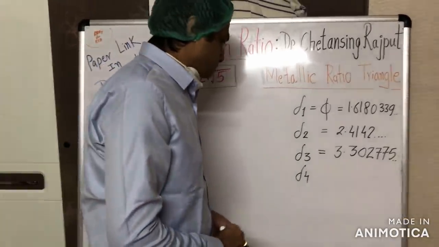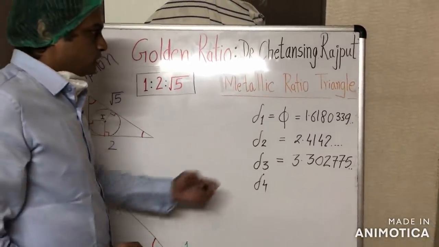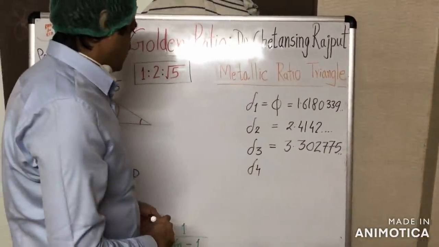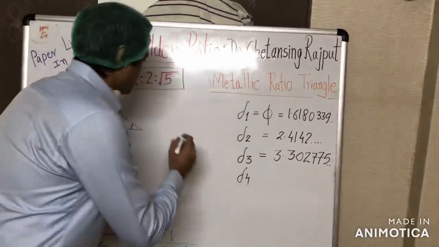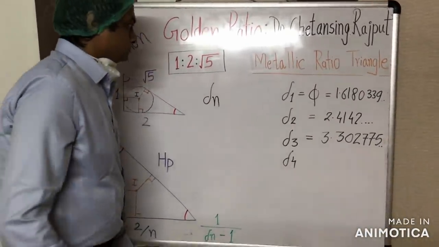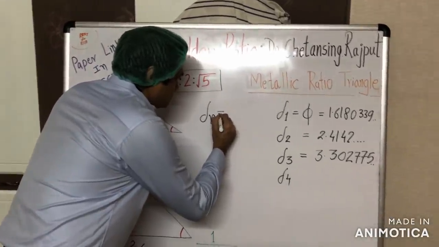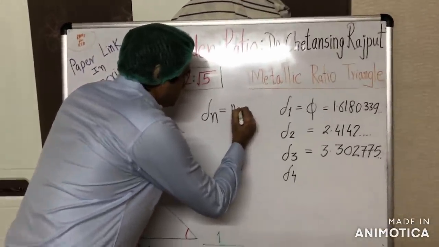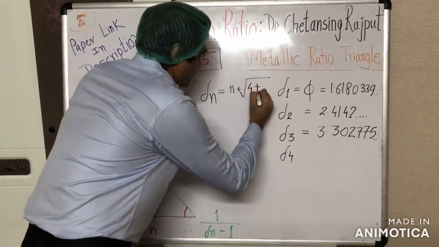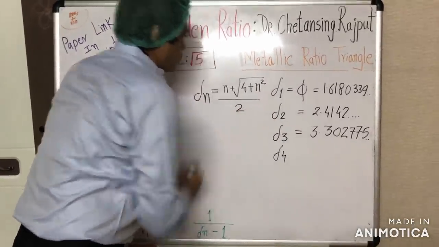Okay? Now, these metallic ratios, their precise values are given by a well-known formula. The formula is like this. The value of any nth metallic mean is equal to n plus square root of 4 plus n square upon 2.